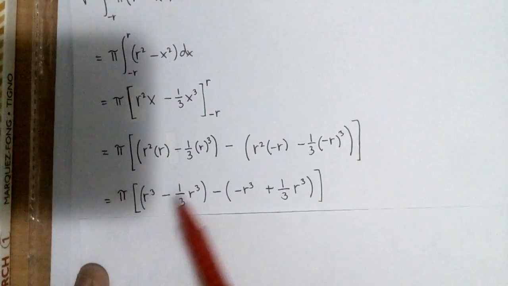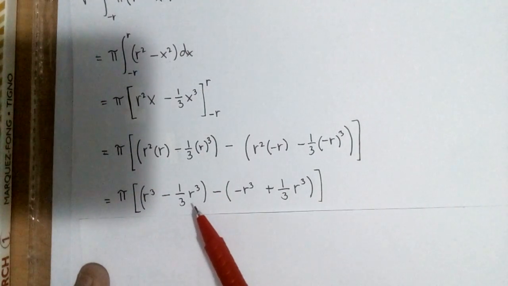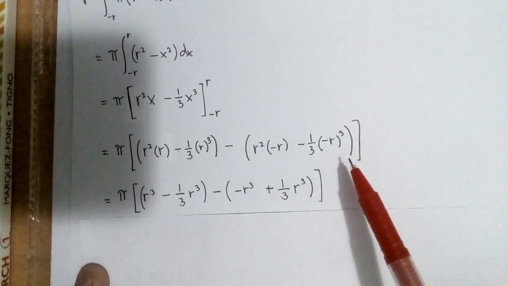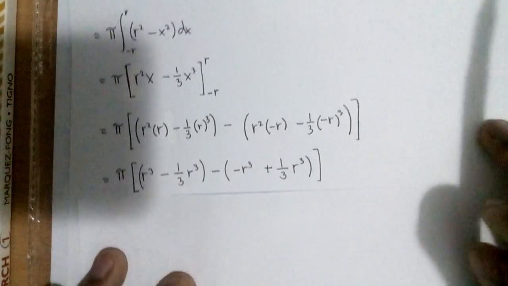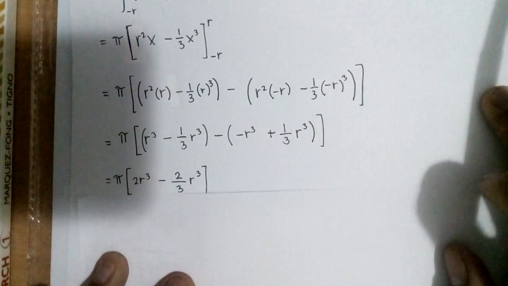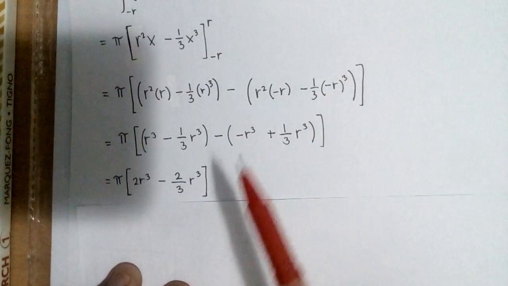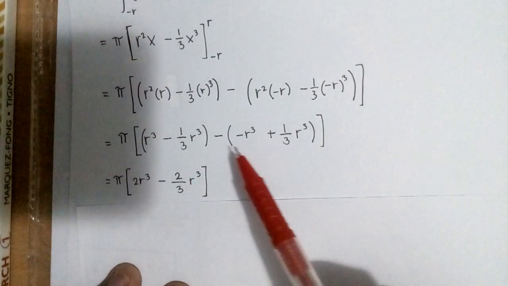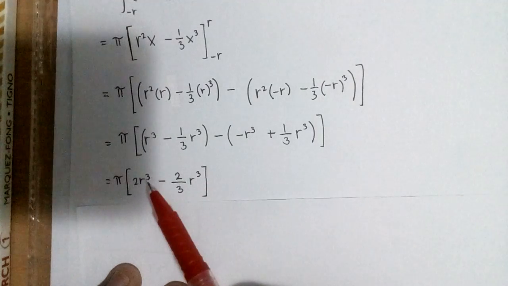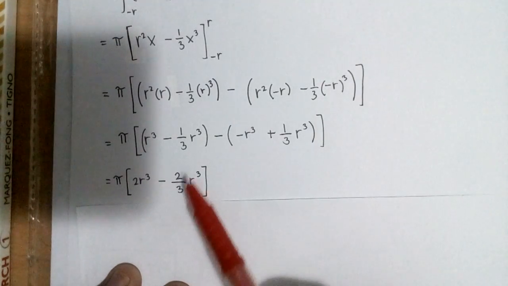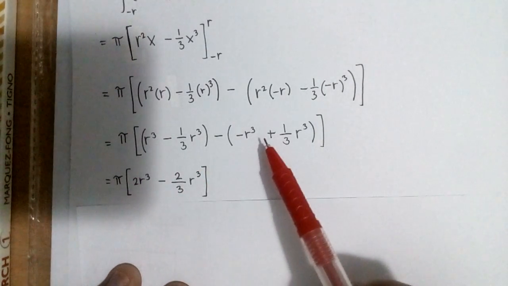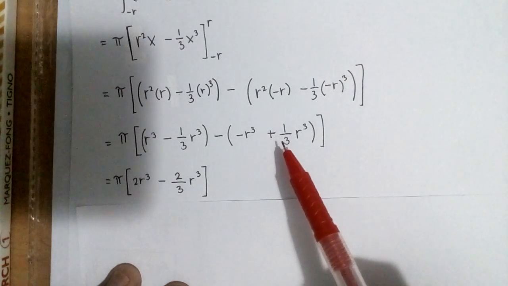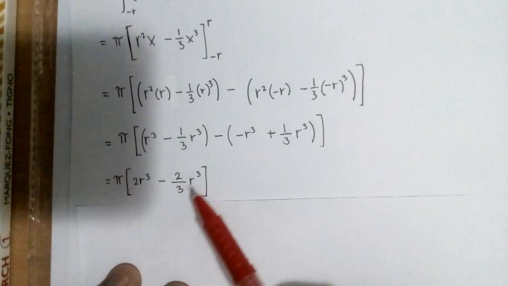This becomes r cubed, this becomes 1/3 r cubed, this becomes -r cubed, and this becomes 1/3 r cubed, positive 1/3. So combining like terms, r cubed plus r cubed is equal to 2r cubed minus negative 2/3 r cubed.